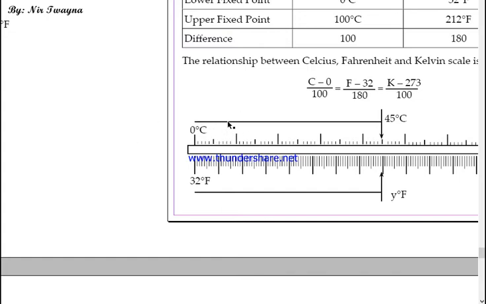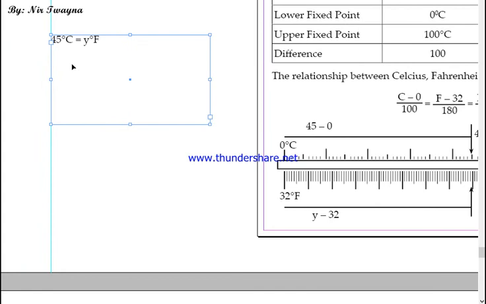Now what is this segment? This segment would be 45 minus 0, whereas this segment would be Y minus 32, isn't it? Now these two segments are actually equal.